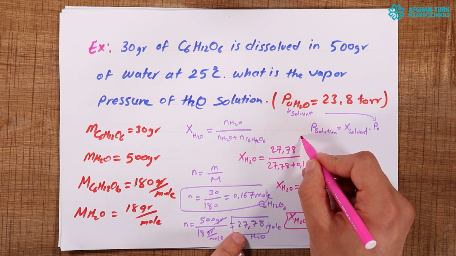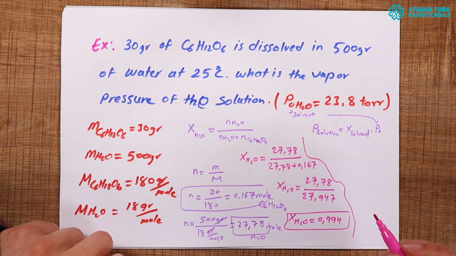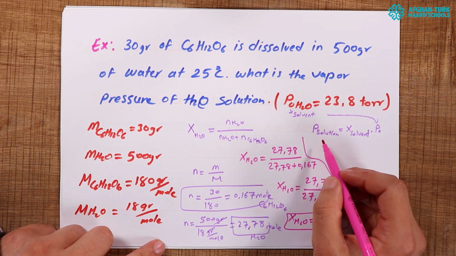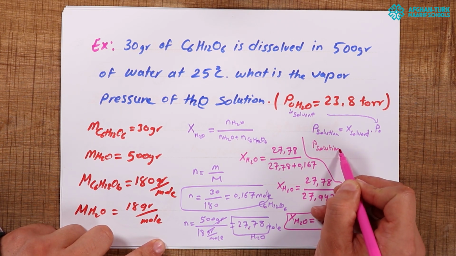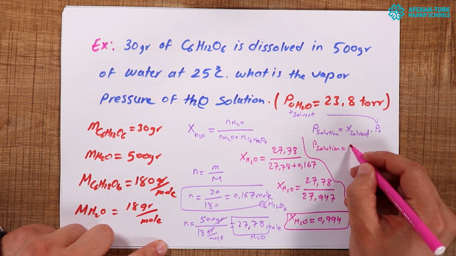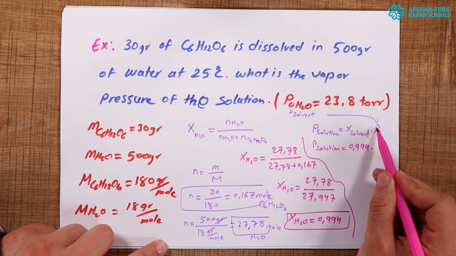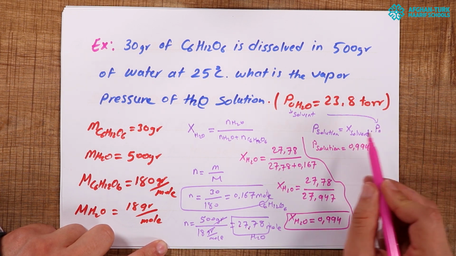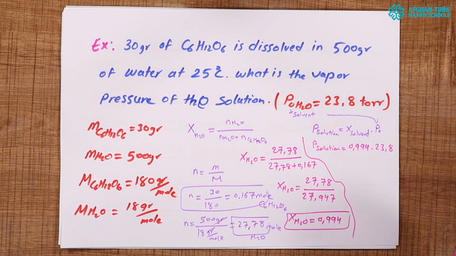Now we are going to find the vapor pressure of the solution. Vapor pressure of solution is equal to the mole fraction of solvent, 0.994, times the vapor pressure of water, which is given as 23.8.